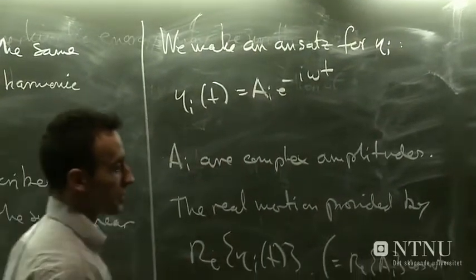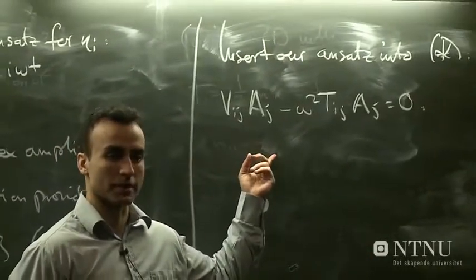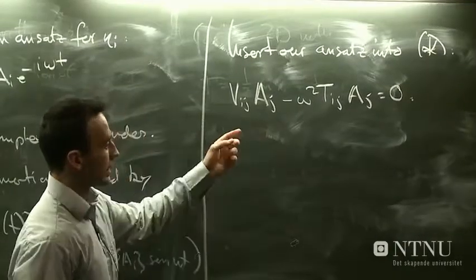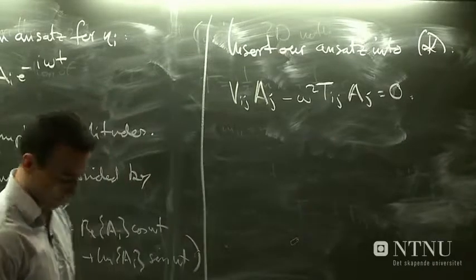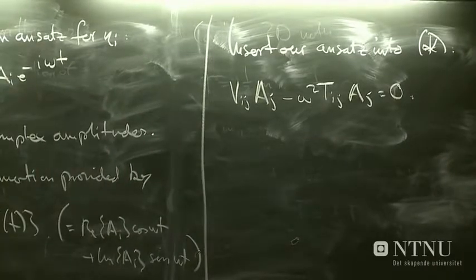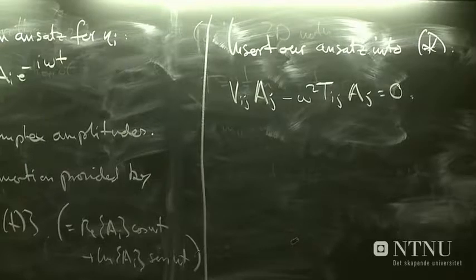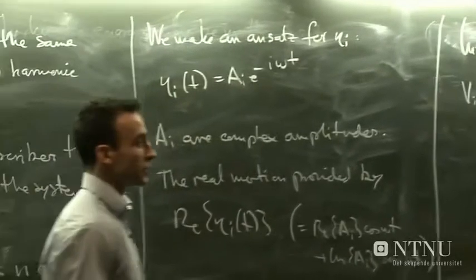So if this is indeed a solution for our equation of motion, then this equation should be satisfied. And it places a condition on A_j and also on the frequency omega. This is a type of equation system that is probably quite familiar to you. It's a set of homogeneous equations.